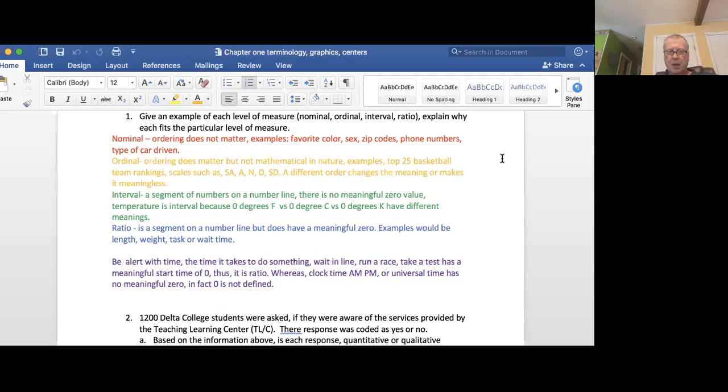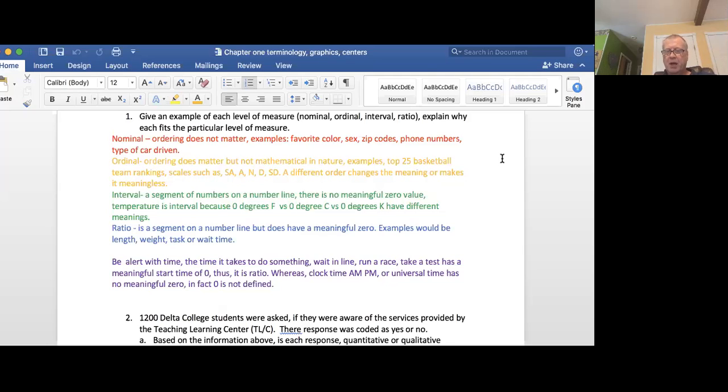Okay? Interval is a segment of numbers. So this is numeric, this is quantitative. There's no meaningful zero, however, with interval measure. So what does no meaningful zero mean? Let's take temperature. 0 degrees Fahrenheit means it's pretty darned cold. 0 degrees centigrade or Celsius means it's freezing, the freezing level for water.